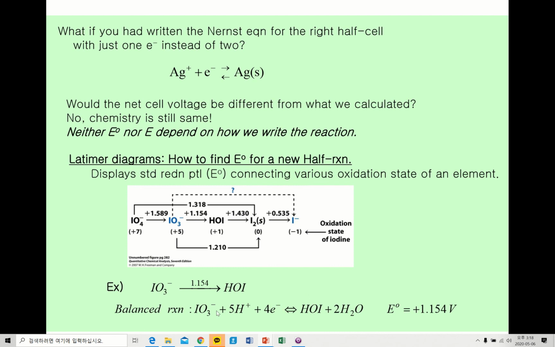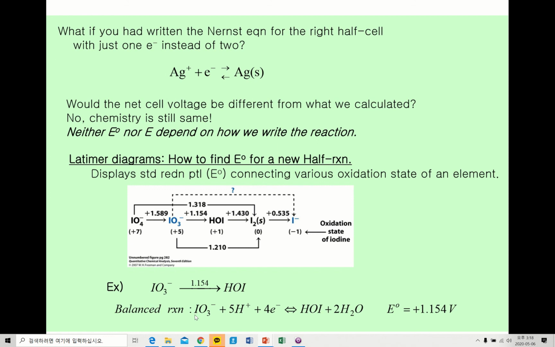Let's look at the charge balance first. On the left hand side, -1 plus 5 protons is +4, and with -4 from the electrons, that gives 0. On the right hand side there are no ions, so 0. Now let's check the mass balance.